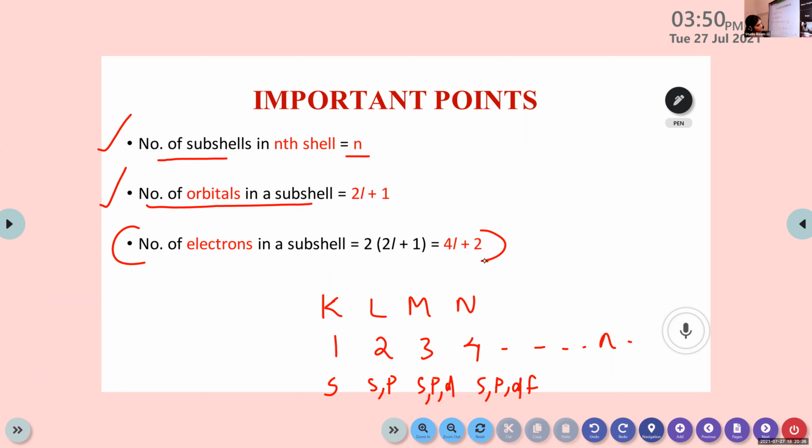Have we completed these 2 points? Only the first 2 points need to be written, okay?